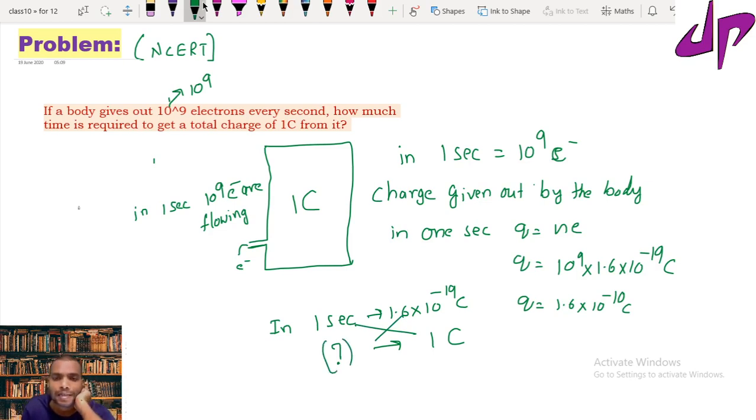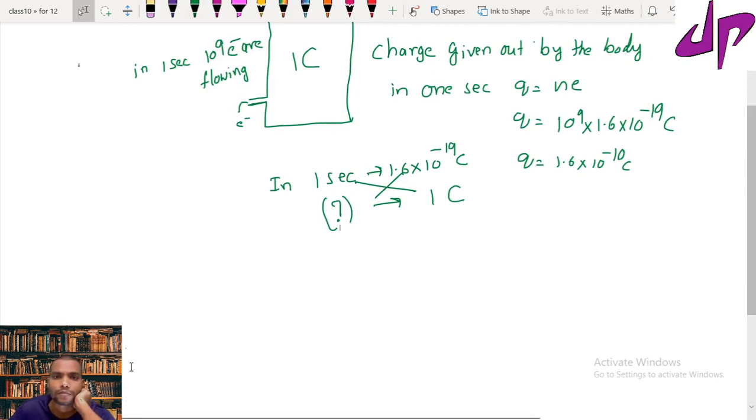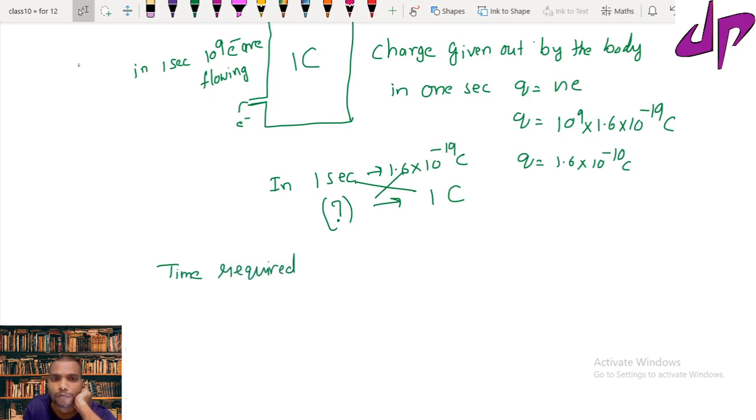I can calculate the time required to get a charge of 1 coulomb by cross multiplication.